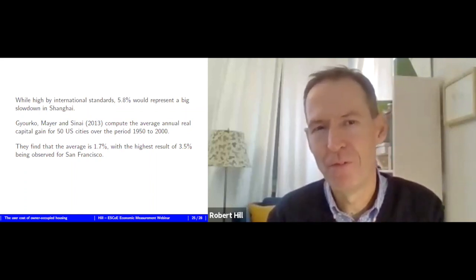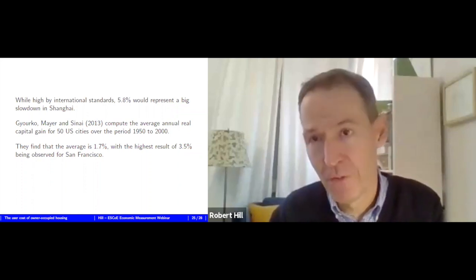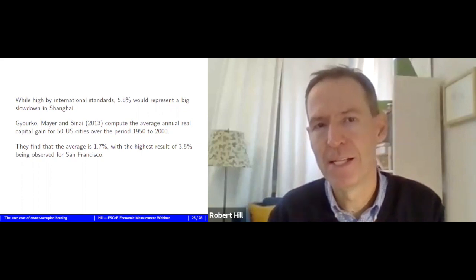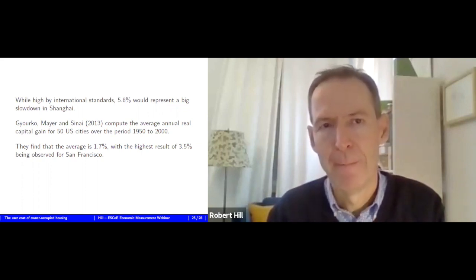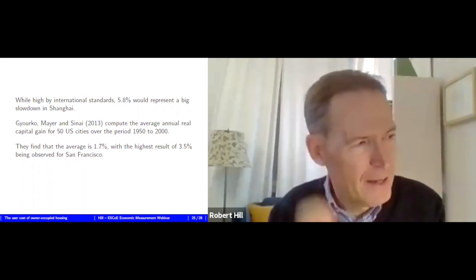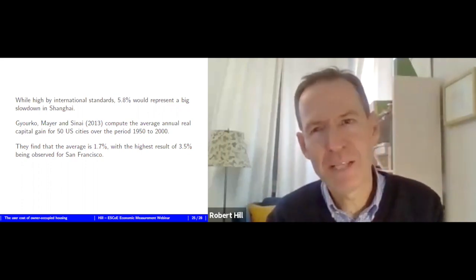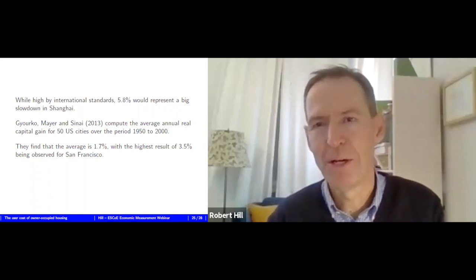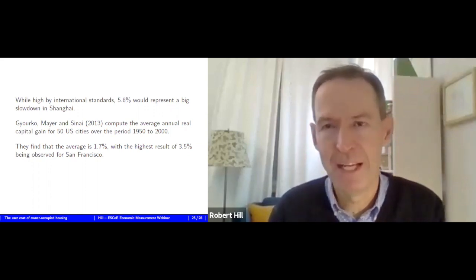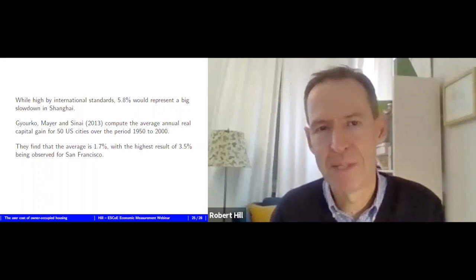Even the capital gain required for equilibrium is way higher than anything observed in the United States. So an overall conclusion on this is, clearly the expected capital gains can't stay at 22% every year, year on year in the future. So they've got to come down at some point.